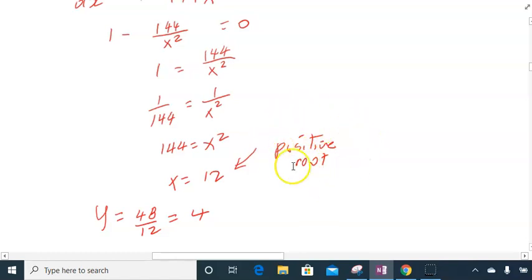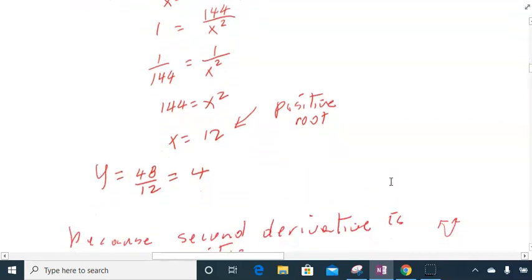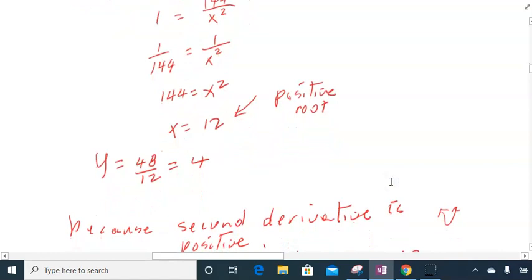We're not worried about the negative root because the question said find positive numbers. So then if x is equal to 12, y is equal to 48 over 12, so then y will be equal to 4.